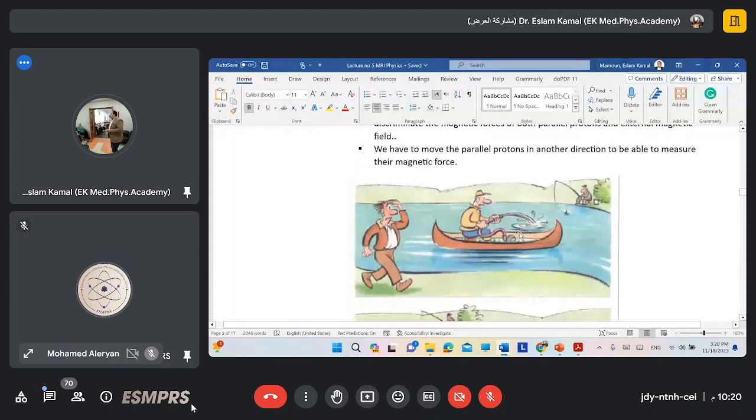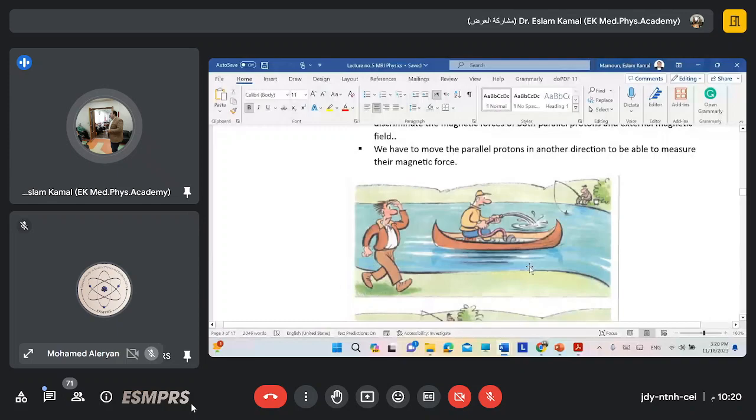So here, if we represent the main external magnetic field coming from the magnet itself, it's like this river. And now we are trying to add more magnetic force to the main external magnetic field. That's exactly what happens with the protons, which align with the external magnetic field.